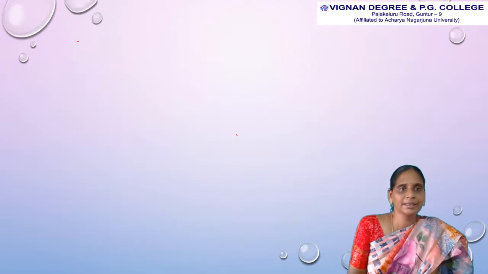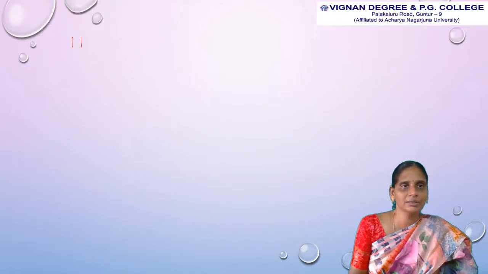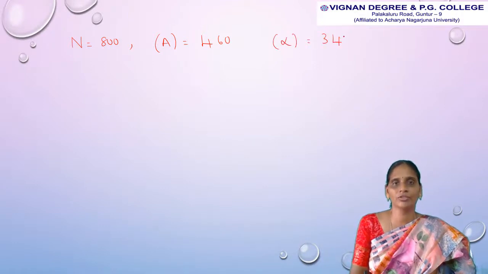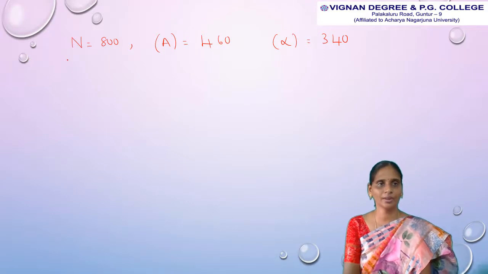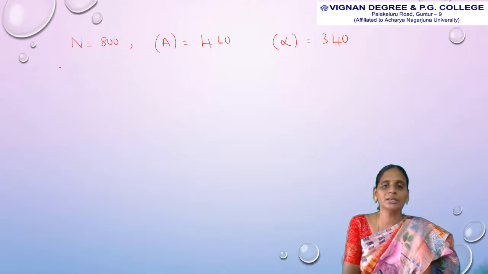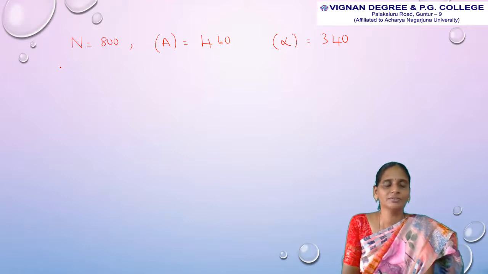So I am writing previous values in this slide. Capital N is 800, frequency of A is 460, frequency of alpha is 340. And next, the given value is the number of candidates who passed exceeds the number failed by 480.